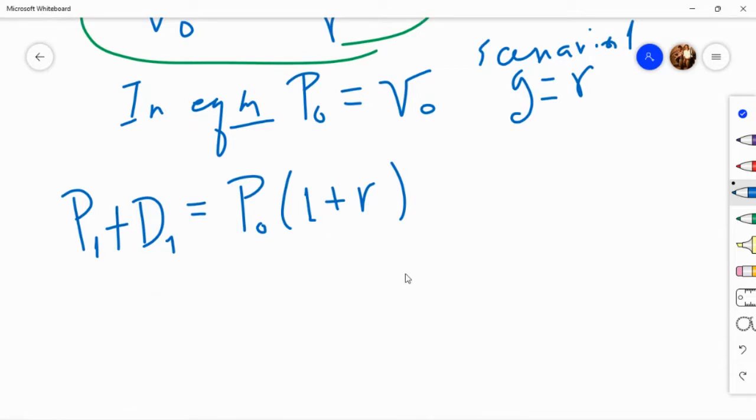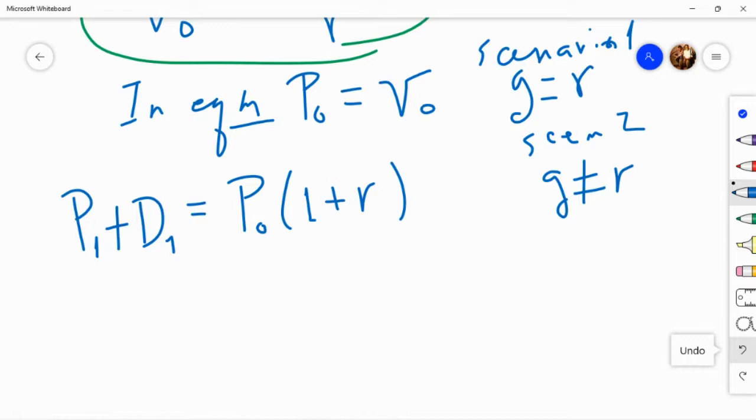But in scenario 2, you'll understand. I hate to spell out everything. The scenario 2, they are not the same thing, right?